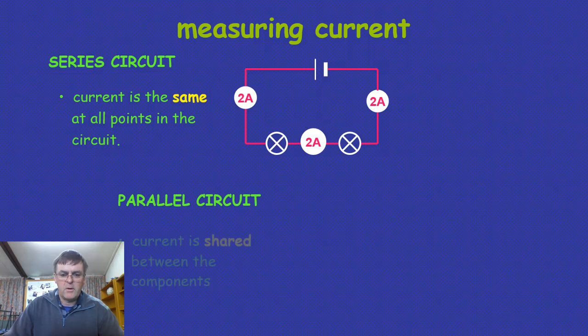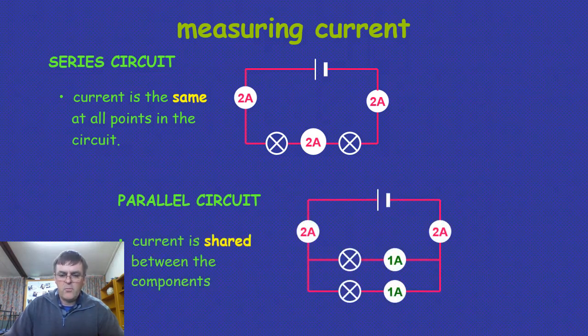In a parallel circuit, however, the current is shared between the components. So if my cell puts out 2 amps, then it gets shared between the two pathways. If I was to add an extra pathway in, then I'd have to share it out equally, whatever 2 amps divided by 3 is.